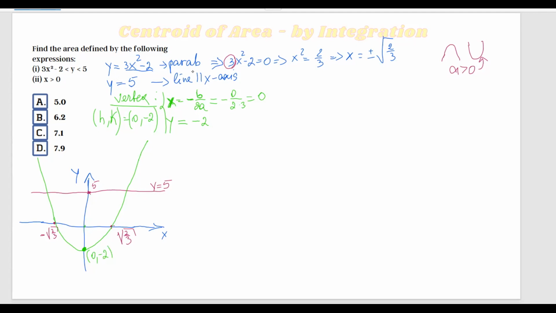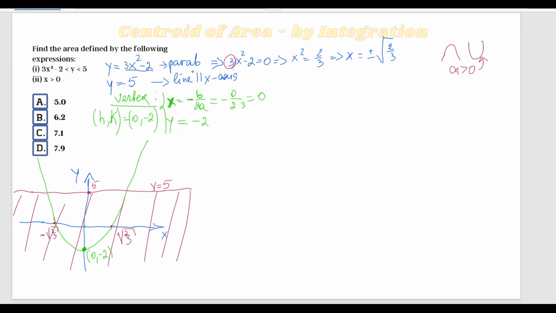Perfect. Now that we have the parabola and the line represented on this coordinate system, we have to figure out which is the area, because we have to find the area defined by the following expressions. We have found the line, which is y equals 5, and the area defined by this line is everything over here.